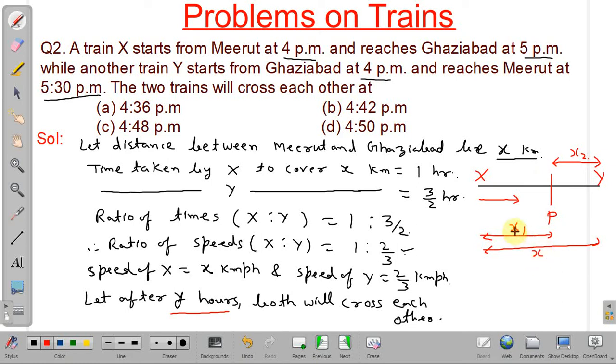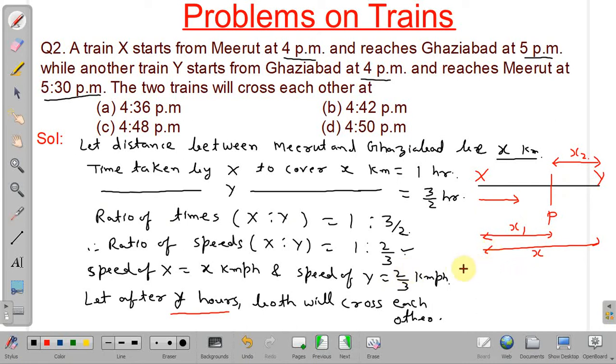So the distance covered by train X in y hours, plus the distance traveled by train Y in y hours, must be equal to the total distance between Meerut and Ghaziabad. Okay, so we will solve from that.